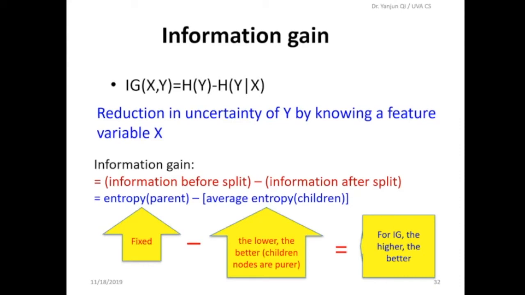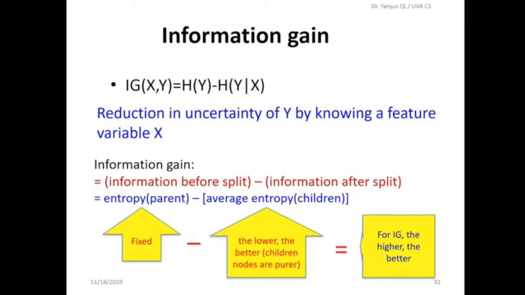If you think about it, for a fixed parent, the entropy of that parent node, how the y plus and minus are distributed, is fixed. So this is a fixed value, and here, the lower, the better.